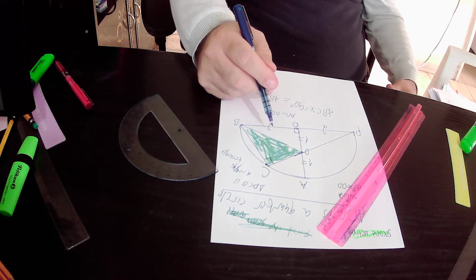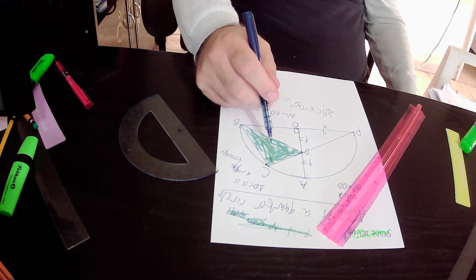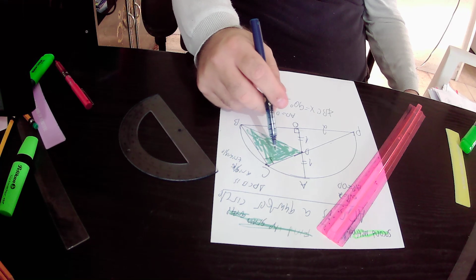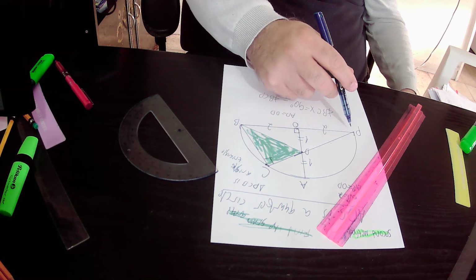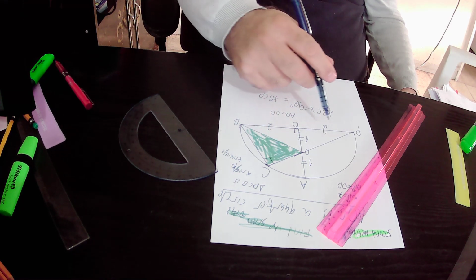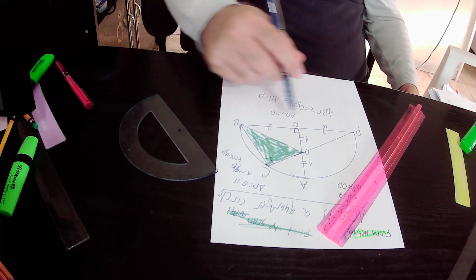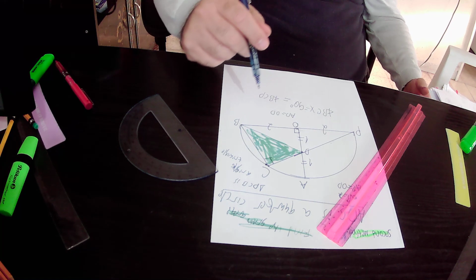Because here, peripheral angle BCX that is equal to 90 degrees must pass through point B, because peripheral angle BCX that is equal to 90 degrees must rest on PB, that is the diameter of the circle.